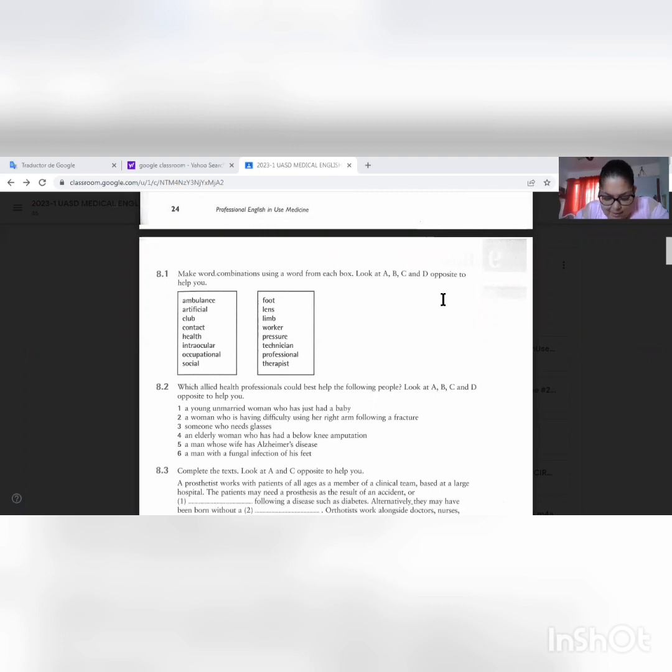Alternatively, they might have been born without a limb. Orthotists work alongside doctors, nurses, psychotherapists, physiotherapists, and occupational therapists to give the people under their care the best possible rehabilitation. Their main aim is to enable the patient to lead a normal life at work and leisure.